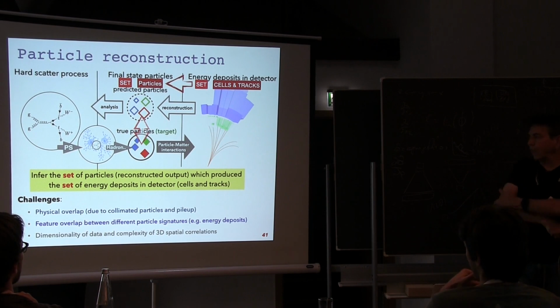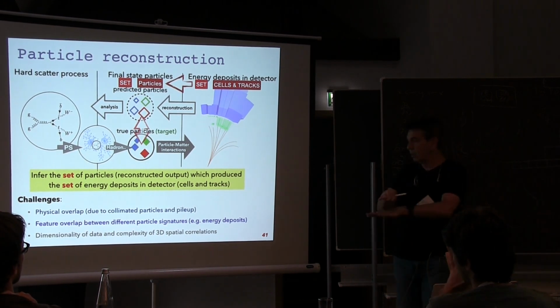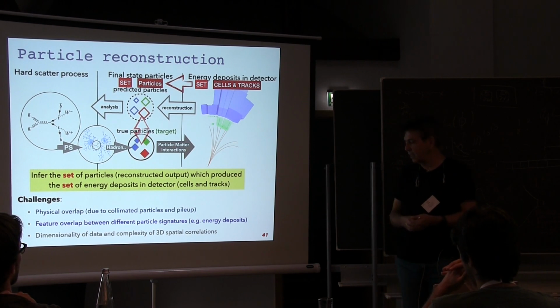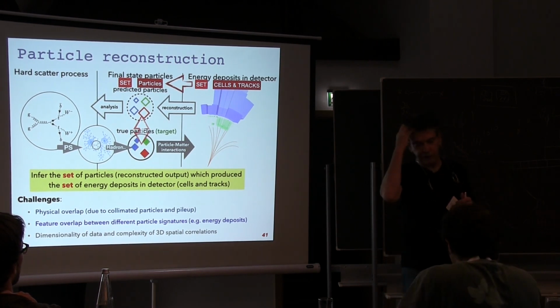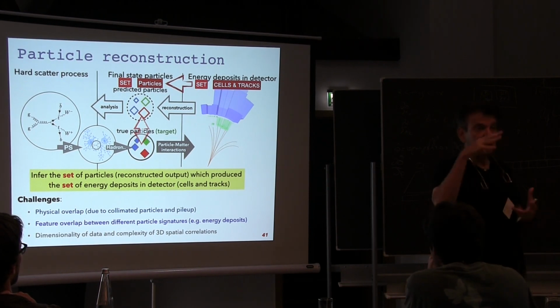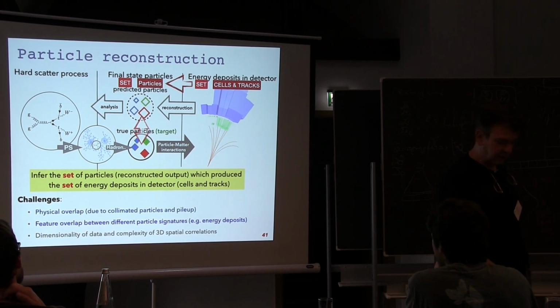Of course, there are lots of challenges here, like the physical overlap, the pileup, and the data is very, very complex. There are 3D spatial correlations, lots of layers of detector, lots of cells, and they talk to each other, some close by, some far away from each other.